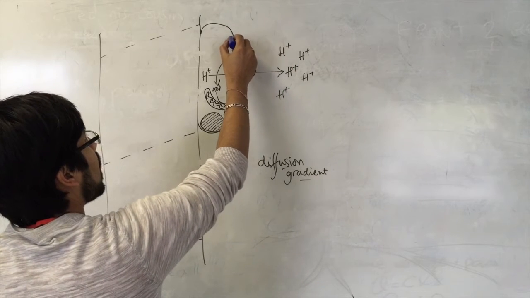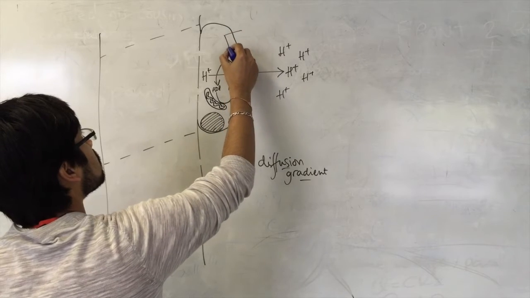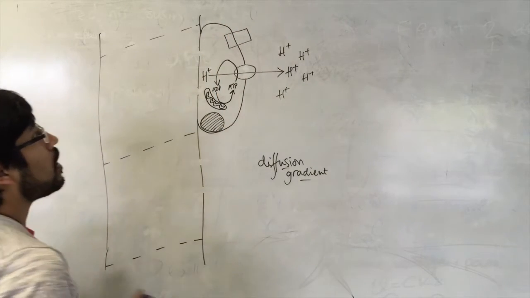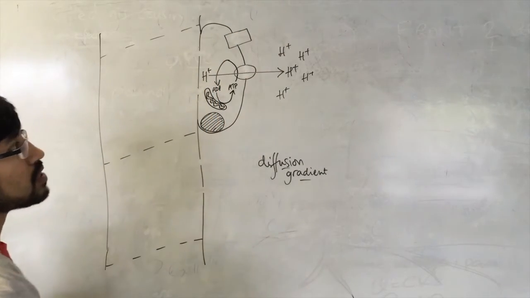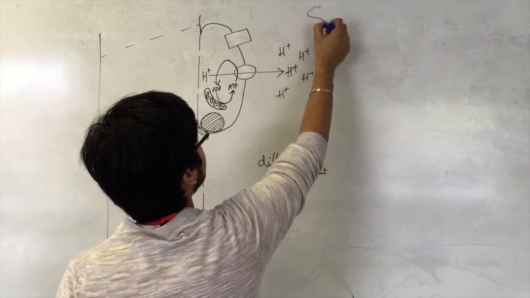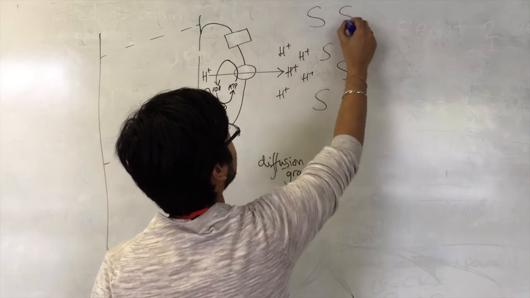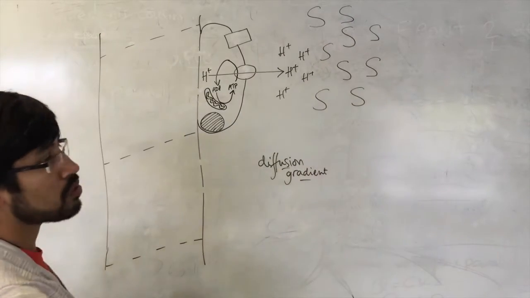Now what you also have is another transport protein. Let's draw that a different shape. Remember, these are all proteins. Actually, what I should have done is draw lots of sucrose here. Remember, because we are looking at what's happening at a source, there's going to be lots of sucrose around here.